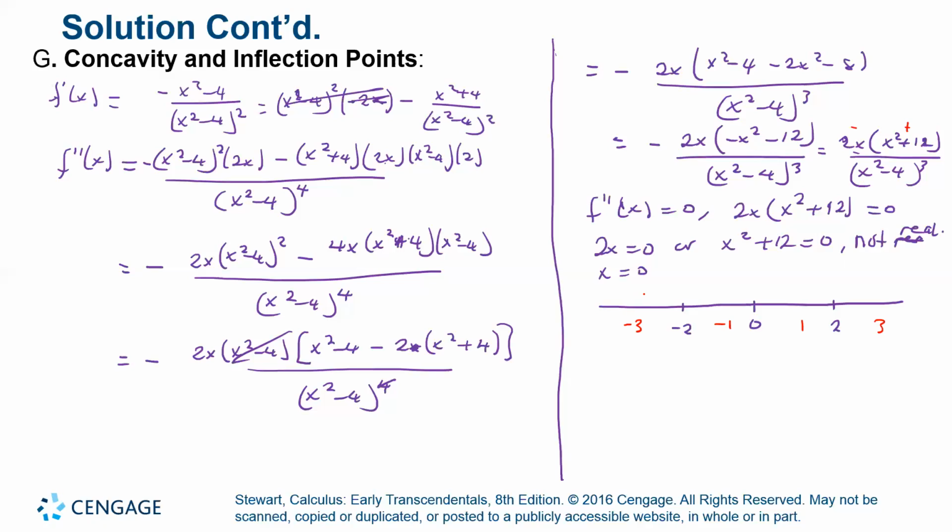So 9 minus 4 is positive, so cubic is positive, and the denominator is positive. So everything becomes negative. Therefore, this part is negative. Now, if x is -1, this is negative. This guy here will always be positive. This will be positive minus, so 1 minus 4 is negative, and that will be negative.